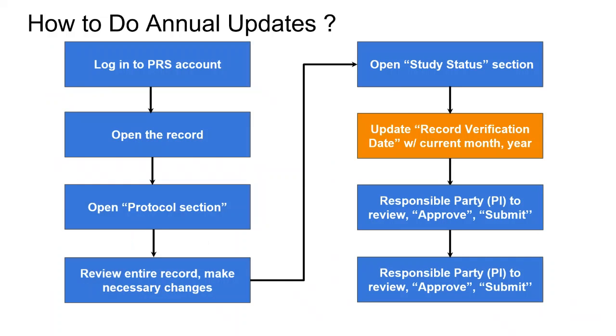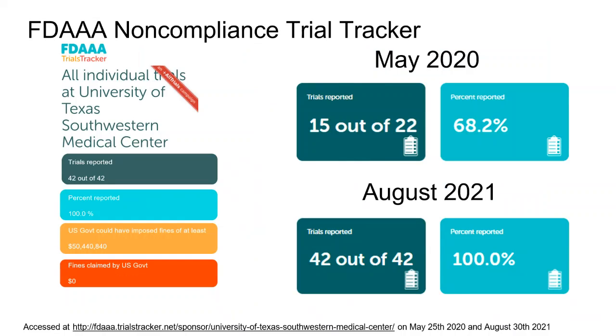So again, to summarize, these steps will help you easily do your annual updates. If you still have any questions, please feel free to reach out to us. In the next few slides, I'll be winding up my presentation. As you see here, with everyone's efforts, we were able to achieve 100% compliance since January, as per the FDAAA non-compliance trial tracker website.